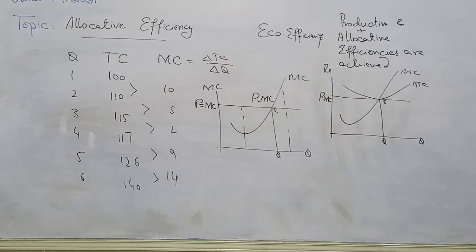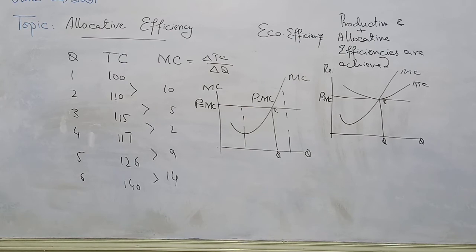Clear? So I started with my point of allocative efficiency in the market, allocative efficiency in the firm. I explained the market forces of demand and supply. I have analyzed and applied your knowledge as well, how it can be applied in real life, like marginal utility and marginal cost concepts, and then equated the allocative efficiency conditions in the market, and then I moved on to the single firm, because in any industry there are many firms which are producing the same type of product.